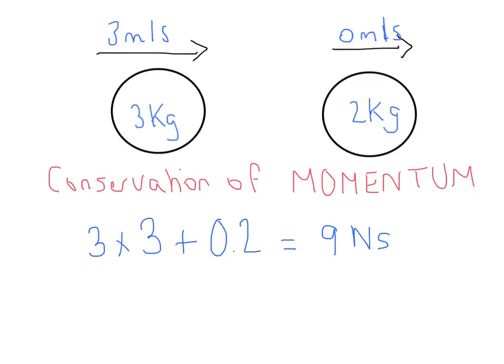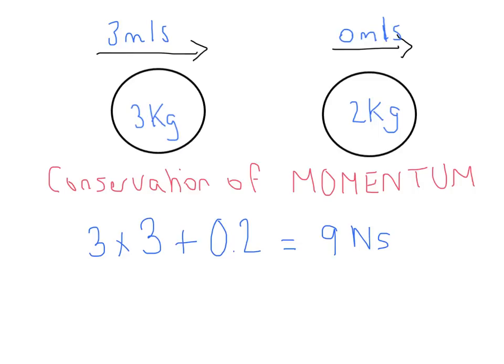Now, in these questions, they can either tell you that the two balls stick together afterwards, so they behave as one object, or they can tell you the momentum of one of the objects, and then you have to work out the momentum of the other one. So in this example, I'm going to assume that these balls stick together and travel together, which you might think is a bit odd, because balls don't tend to do that.